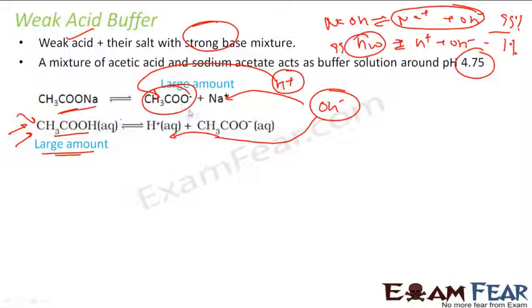So we have readily available free ions to absorb extra H plus or OH minus ions. That's why it's a buffer, right? If you add OH minus ions, Na won't take them, H plus will take them and form water. If you add H plus, CH3COO minus will take it to form CH3COOH. So even if you add more H plus here, because of the large amount, it can withstand a lot of H plus ions, because it's a weak acid buffer.